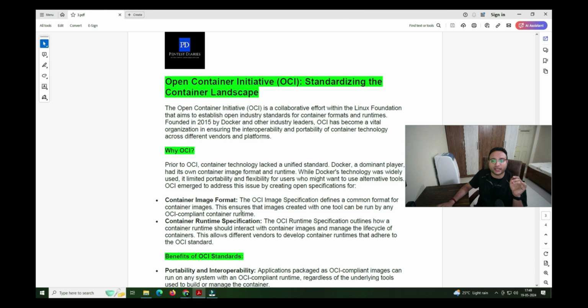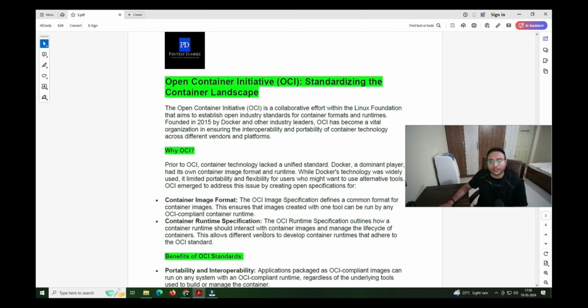This ensures that images created with one tool can be run by any OCI-compliant container runtime. So it doesn't matter which vendor created it, it can be utilized by any container runtime. That was the standard they made for the image format. An image can be built by anyone and utilized anywhere, and any container runtime can utilize it.